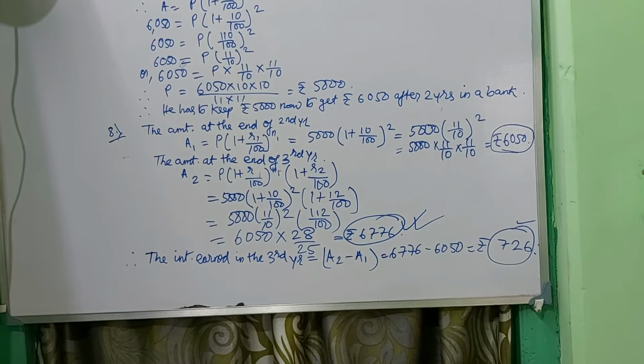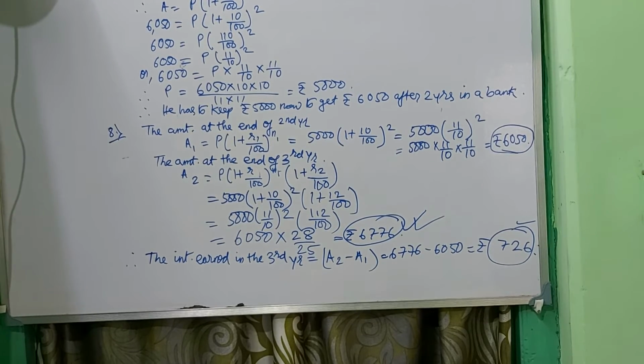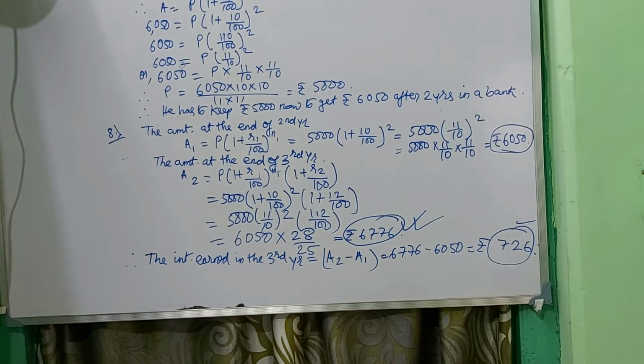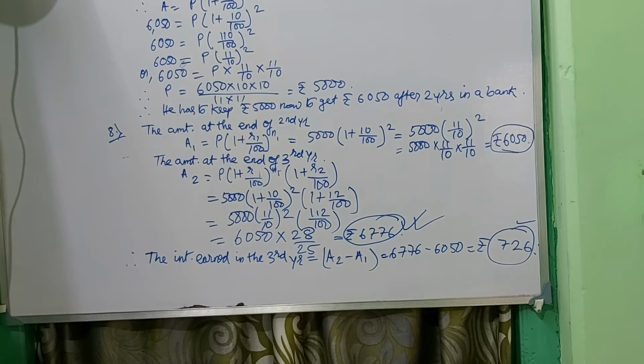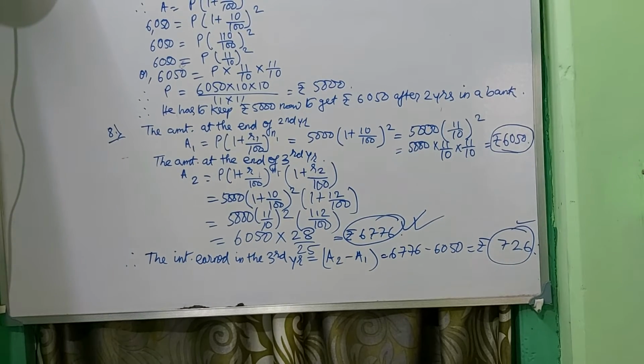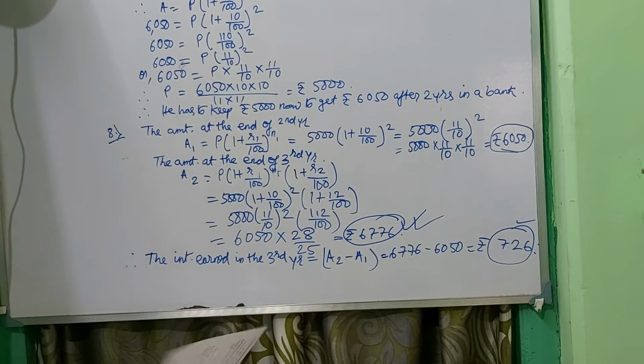The period is 2.5 years, and the rate of interest is 8% per annum. How much did he have to repay after 2.5 years? Means how much amount he has to repay after 2.5 years.